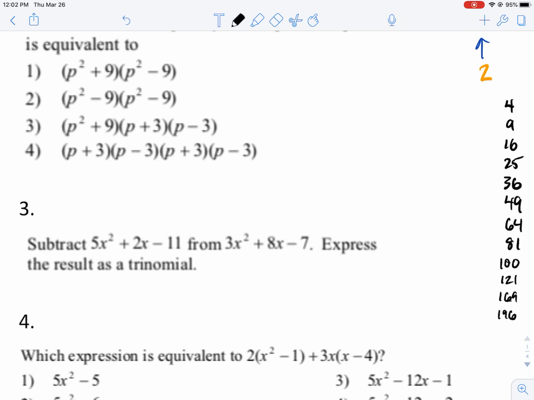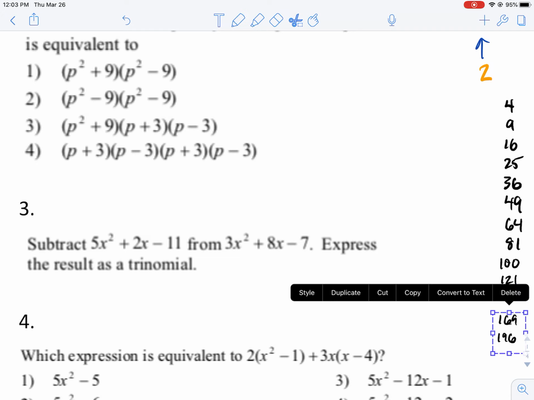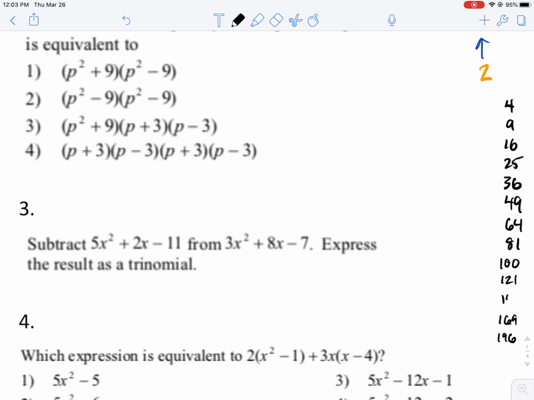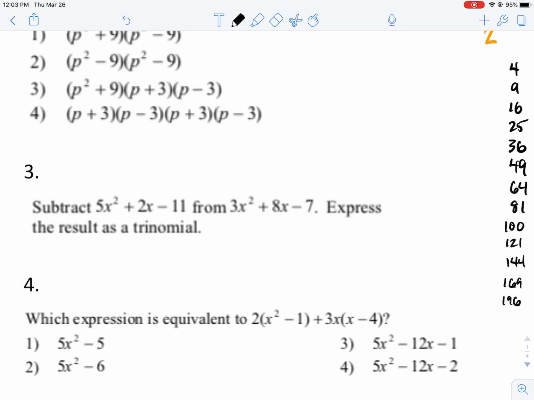Oops, I forgot one. It's been a while for myself here. 144, that's 12 squared. 169 is 13 squared. 196 is 14 squared. 225 is 15 squared, and 256 is 16 squared. Okay, those are our perfect squares that you kind of want to focus on for this problem.